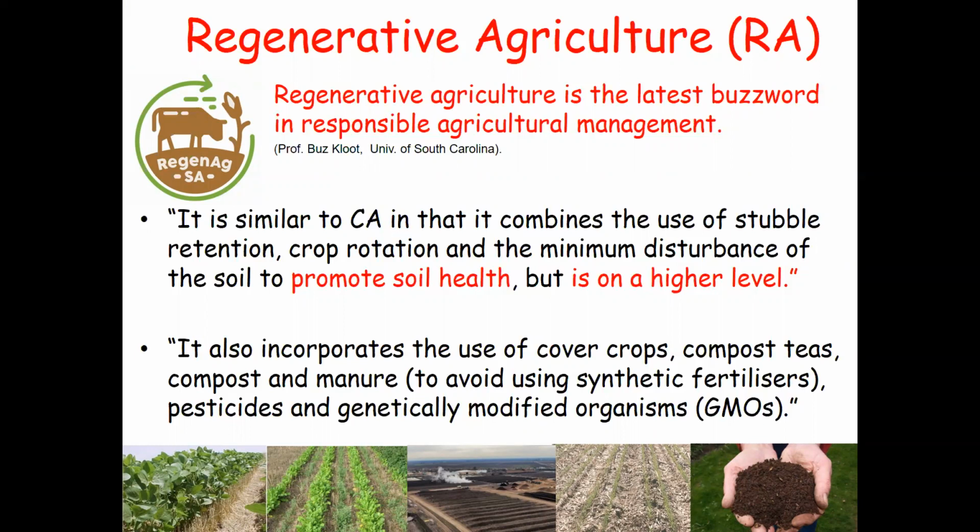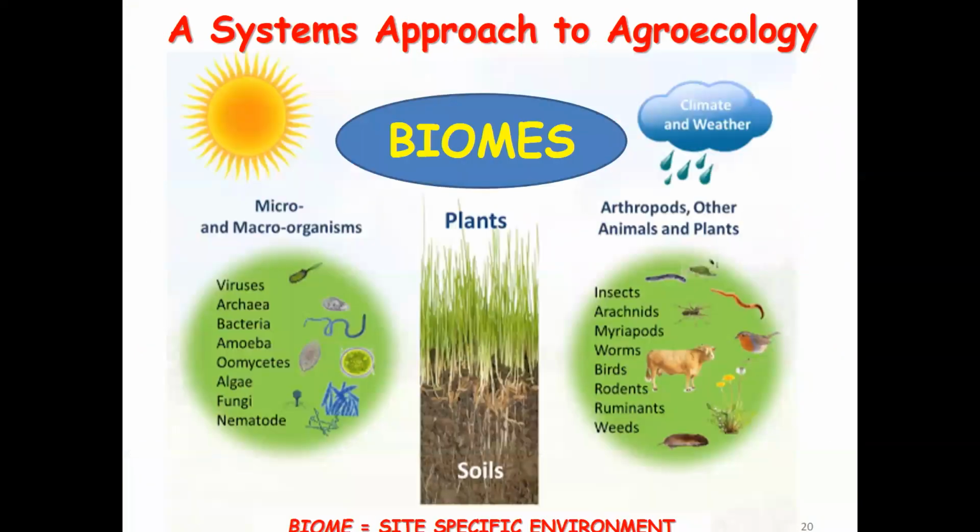So you will notice that soil health is crucial to this approach of ecological farming. RA also incorporates the use of cover crops, compost teas, compost manure, pesticides, and genetically modified organisms, all in an integrated approach.